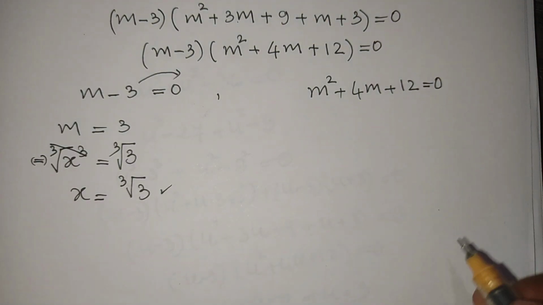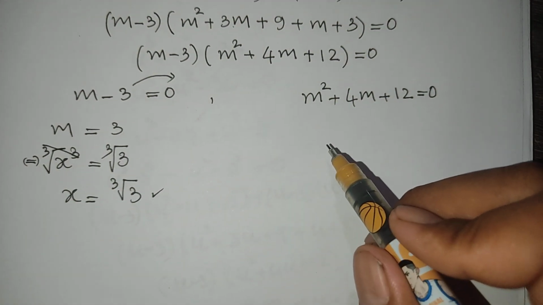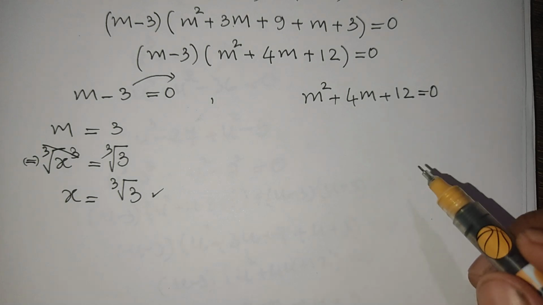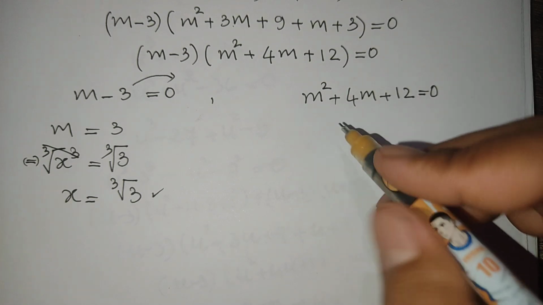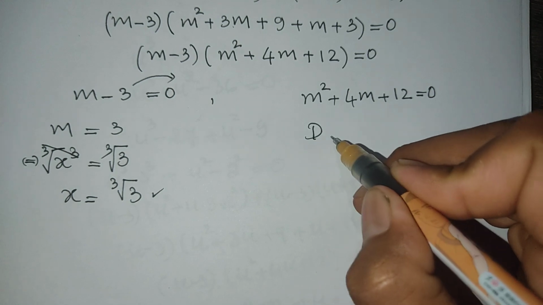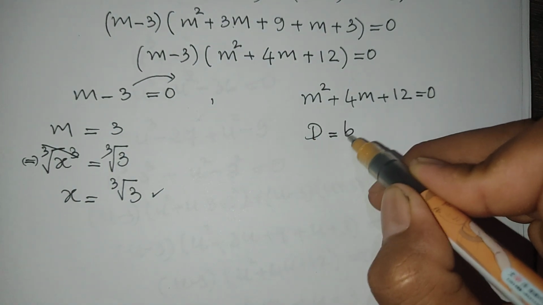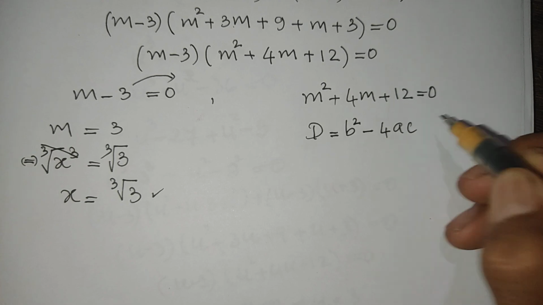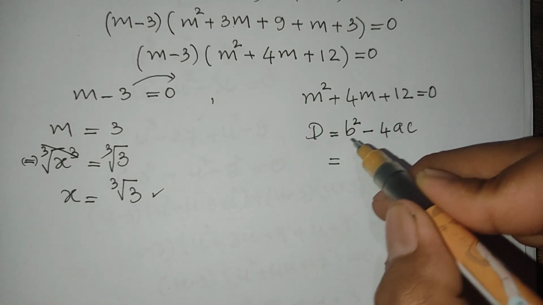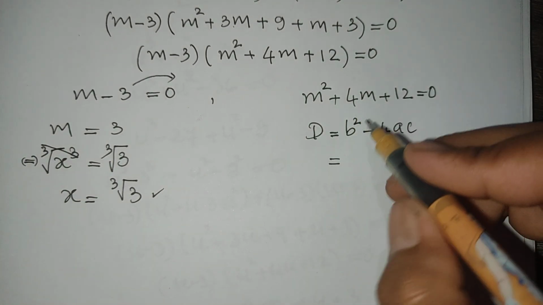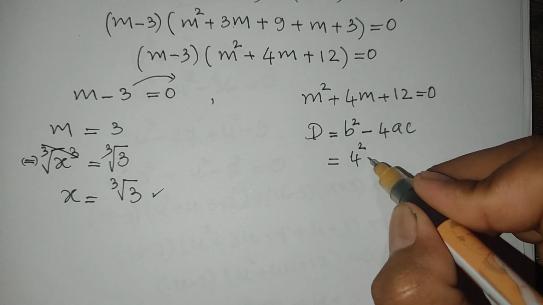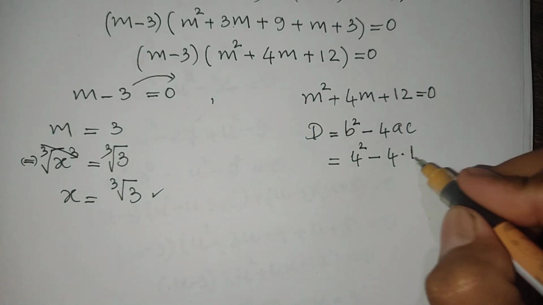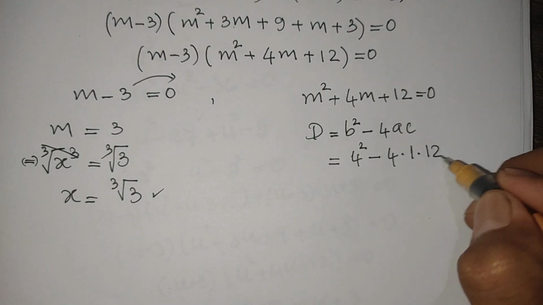Okay. And here is a quadratic equation. So I use the discriminant, which equals b squared minus 4ac, and b equals 4. We get 4 squared minus 4 times 1 times 12.